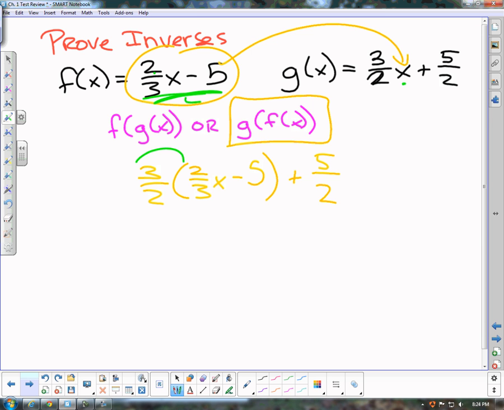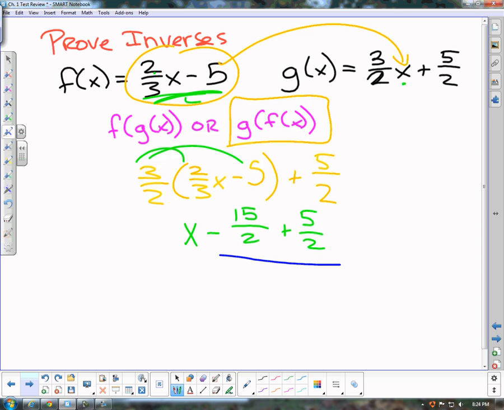And so distributing the 3 halves to both things, 3 halves times 2/3 is 1, so we have x. And that would be minus 15 over 2 plus 5 over 2.